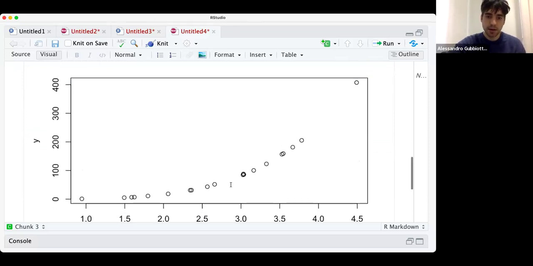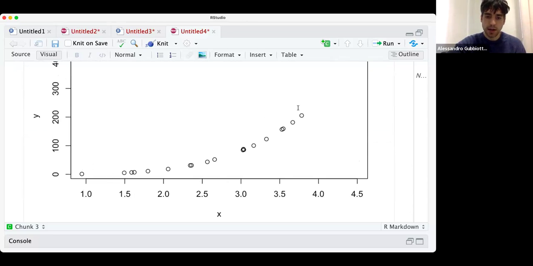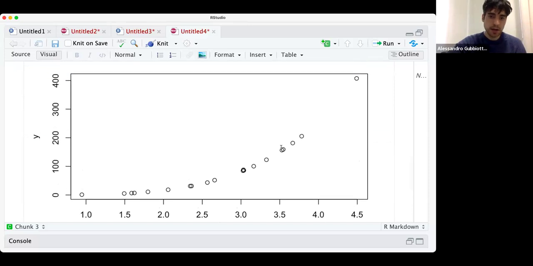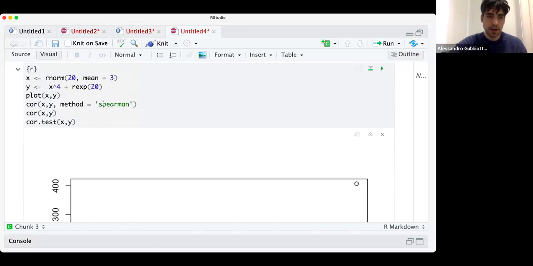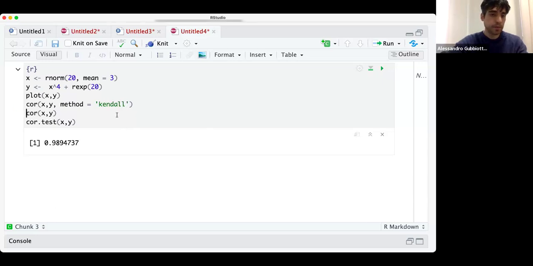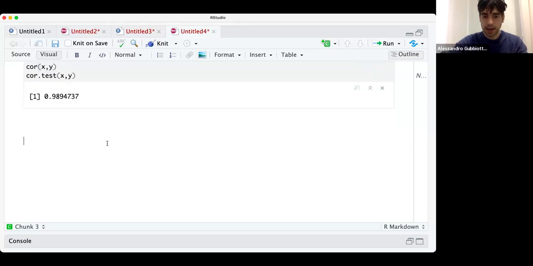So actually, this is more quadratic than it seems, and the Pearson's correlation doesn't fully catch this quadratic behavior. Instead, the Spearman, or the Kendall's also. So this is what we did last time in brief.